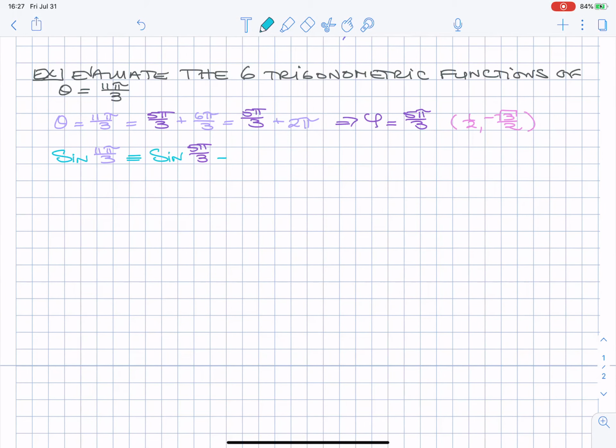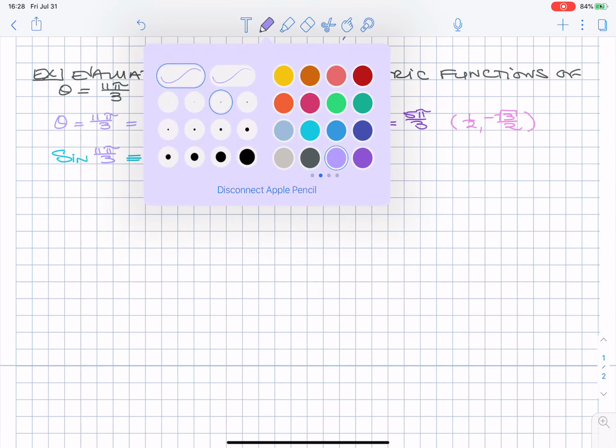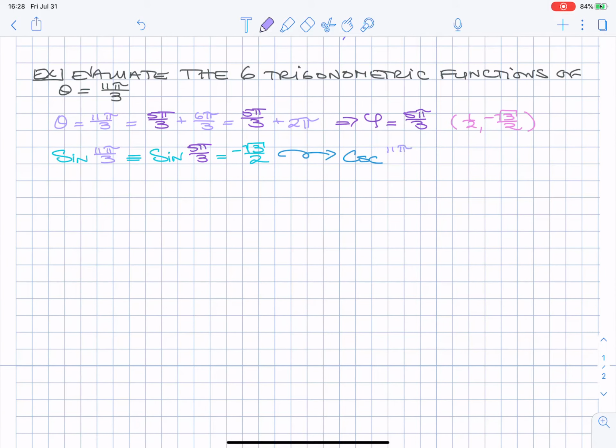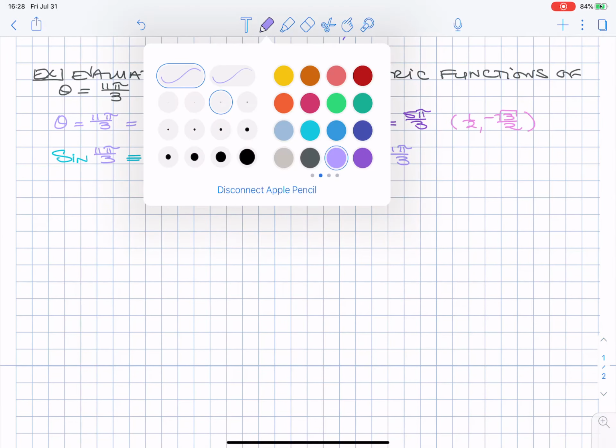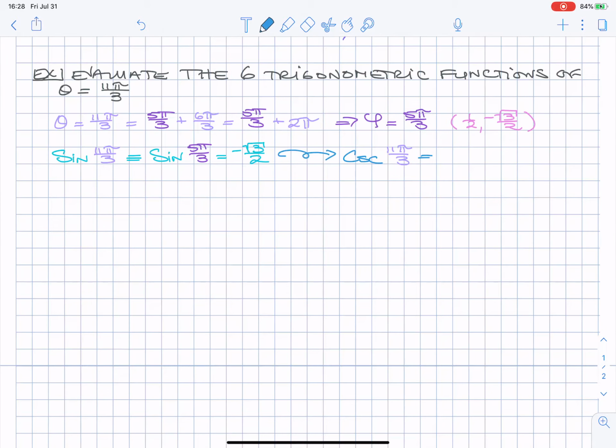Well, sine is the y-coordinate, and the y-coordinate is negative root 3 over 2. So the reciprocal, cosecant of 11 pi over 3, is going to be equal to negative 2 over root 3 if I don't rationalize.